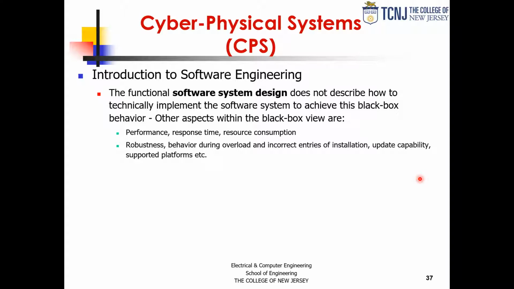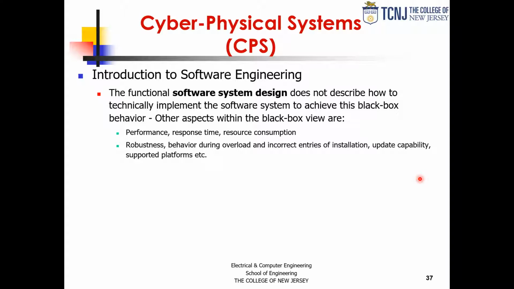Also, what happens during installation, and what is the update capability of the software? These are things that can be specified as part of the specifications of what the software needs to do, not how it's going to be accomplished, and even what different platforms are going to be supported.